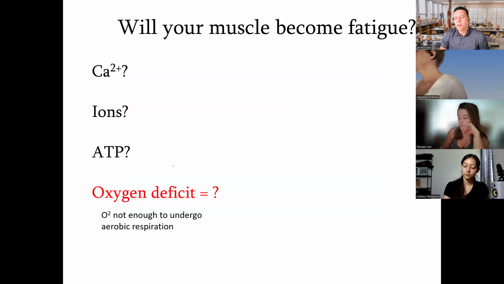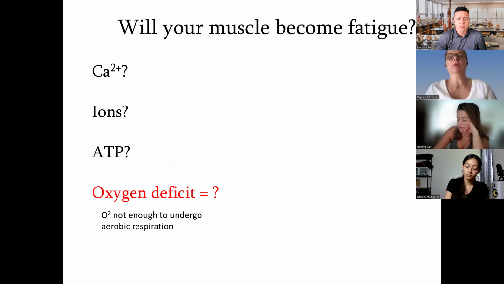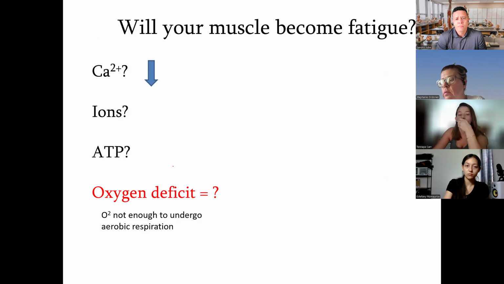Now, will our muscle become fatigued after we exercise for a while? Absolutely. What does fatigue mean, folks? Well, let's look at the molecular level. Fatigue means that the level of calcium in your skeletal muscle cells starts to go down. Again, if you don't have enough calcium, you can't contract the muscle.